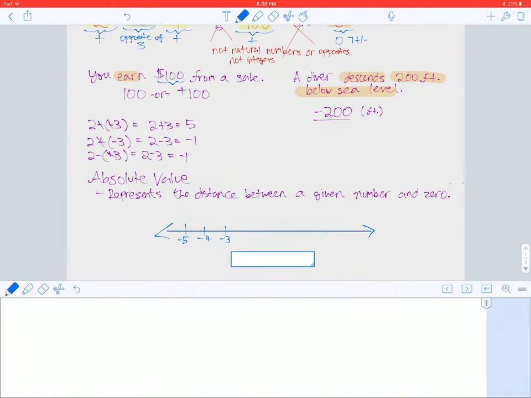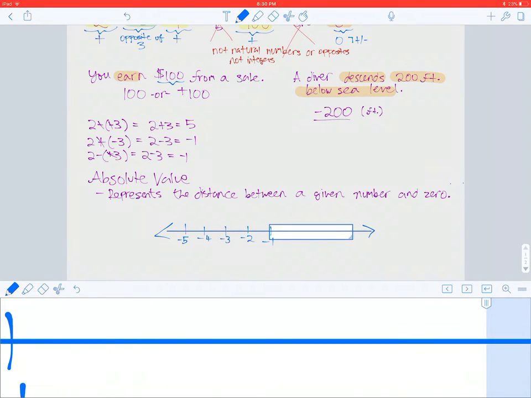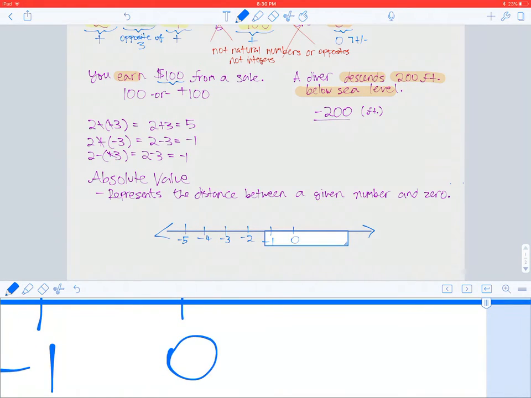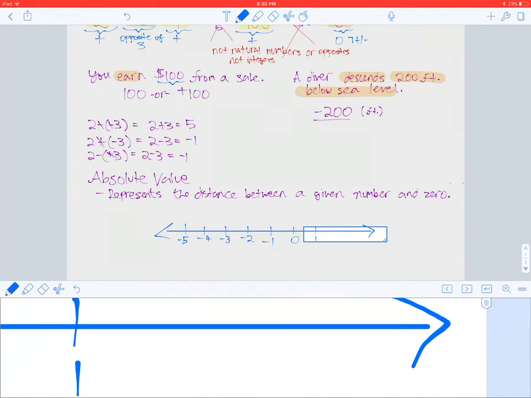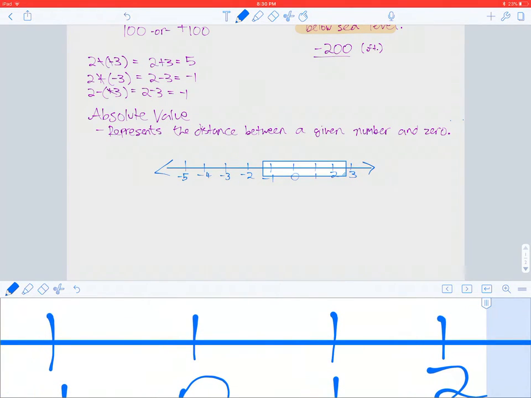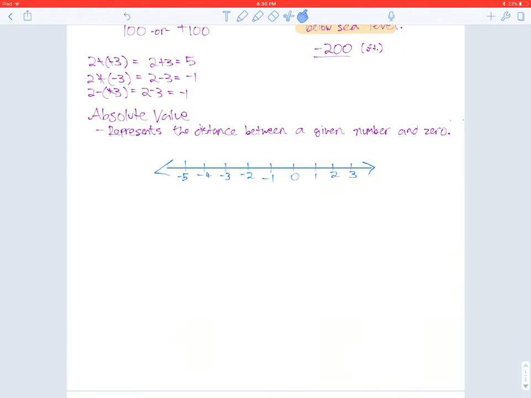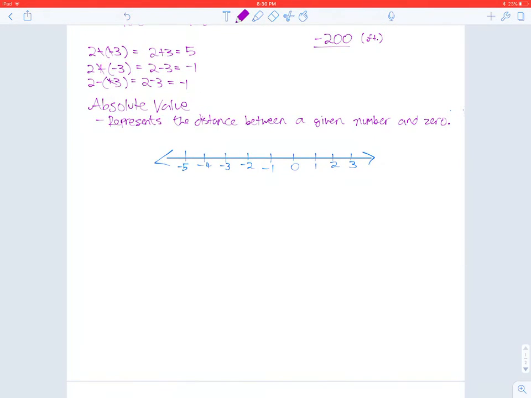We'll be going by ones, trying to give you a rather simplistic approach to absolute value before we dive into the more theoretical stuff. So we have this number line going from -5 to 3. Now, 0 is right here.